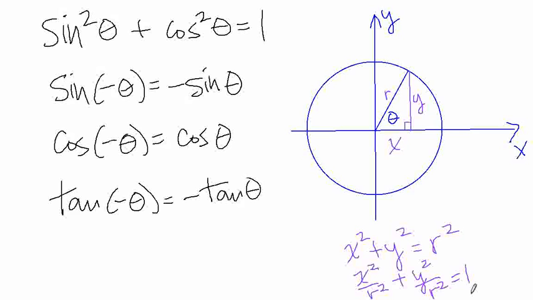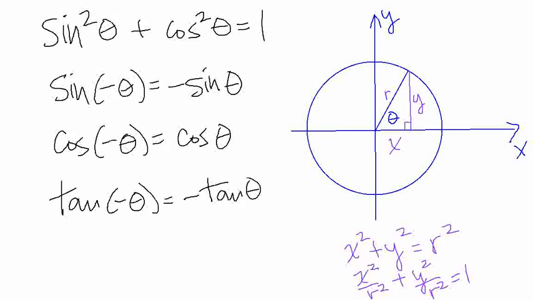So therefore, I've just proven the first identity. I can replace in that purple equation and put in sine and cosine, and I would get the first identity. So now we understand that the first one comes from the Pythagorean theorem.